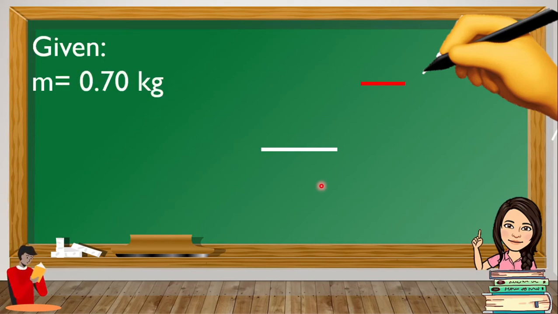Mass is equal to 0.70 kg. Again, the mass should be expressed in kilogram. Force is equal to 12 Newton. Force is expressed in Newton. So what is the acceleration of the object?